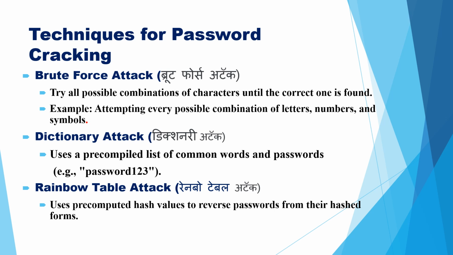Then the third technique used by hackers is called the rainbow table attack. This is a very interesting mechanism in which the attacker uses precompiled hash values to reverse passwords from their hash forms. First we need to know what hash values are. When we log in to an application or website, we need a login ID and password. That login ID or username and password is stored in the database in encrypted format with hash functions.